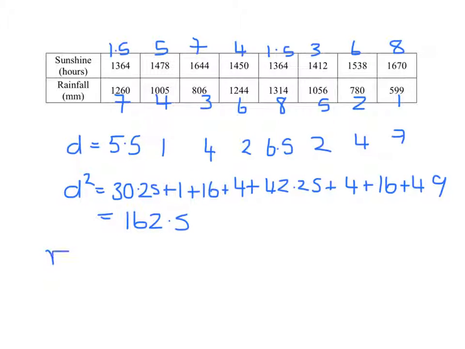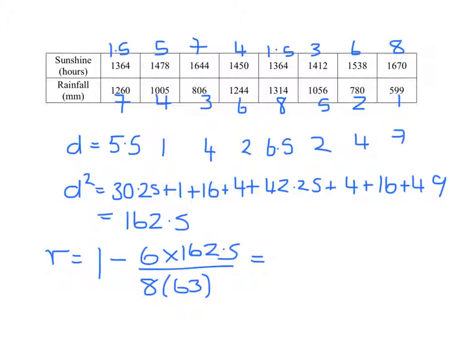Remember the formula is in the formula booklet. It's 1 minus 6 times 162.5 all over n upon n squared, so that's 64, take away 1, 63, and that gives us negative 0.935, so that's a negative correlation.